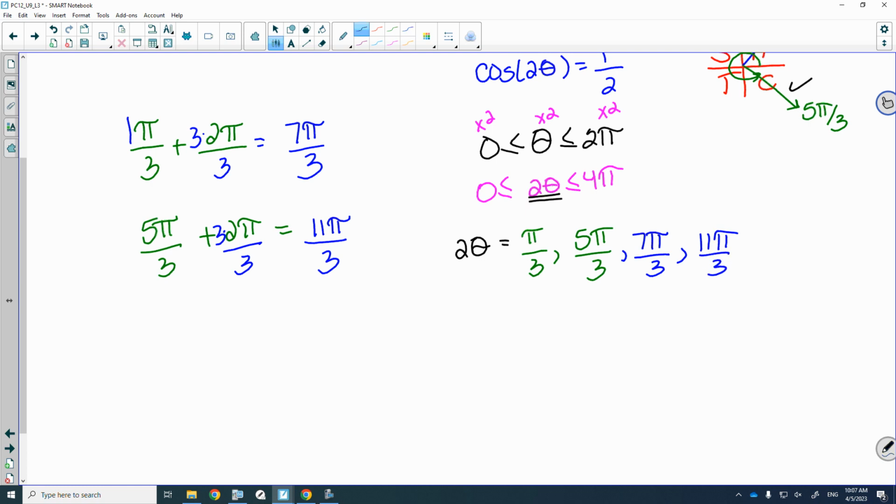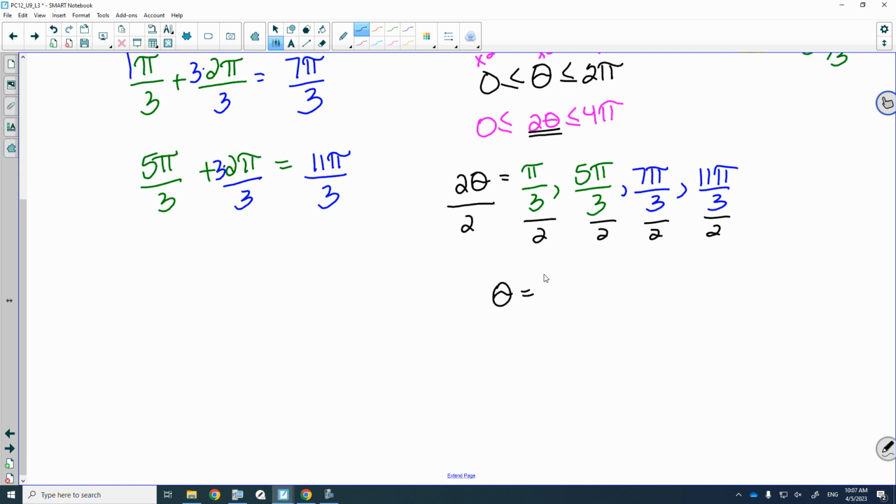And now I need to get theta by itself by dividing all of my solutions by 2. Jack S, pi over 3 divided by 2 would be what? Yeah.